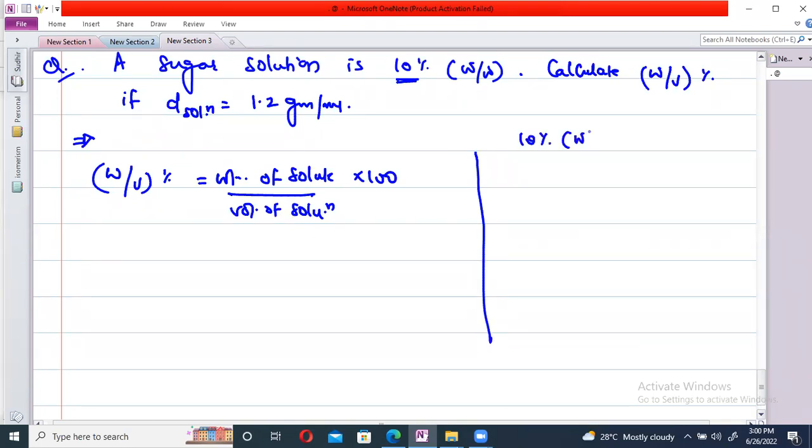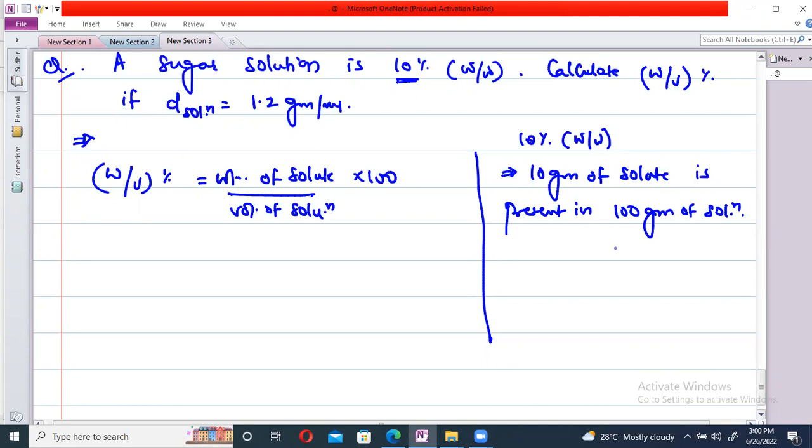As we are having 10% W by W, it means 10 gram of solute is present in 100 gram of solution. Means we can say weight of solute is 10 gram and weight of solution is 100 gram.